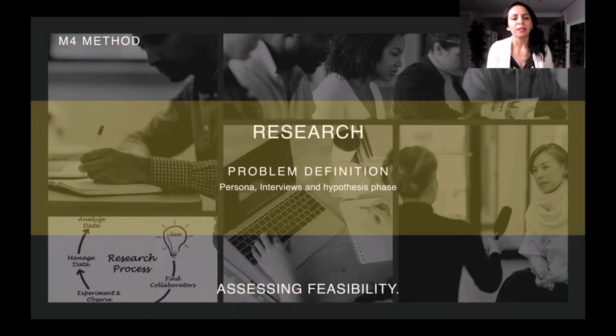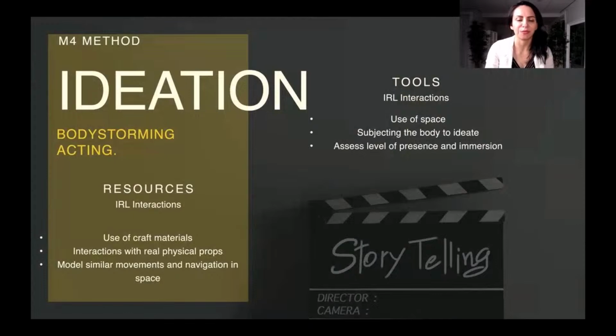As I mentioned, this is a hypothesis phase, but this is a very, very important stage of the design where all of this raw data is going to be fed into the next stage in order to make sure that all the features that are going to be inside this experience are really designed from the beginning for mitigating the problem that we have previously researched. So this is all about assessing feasibility.